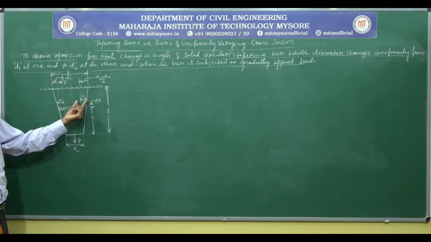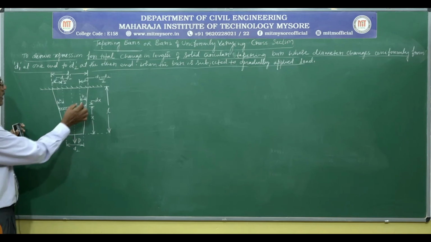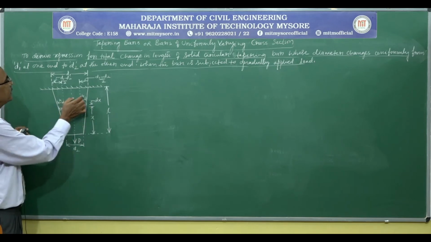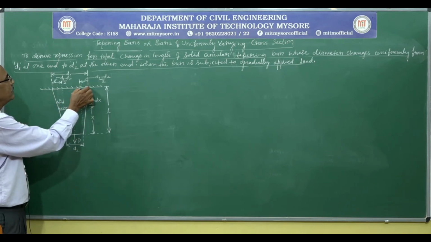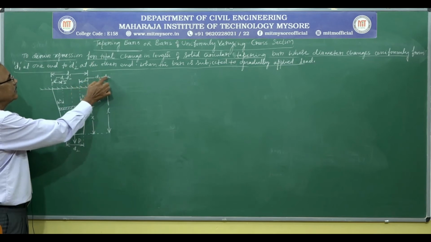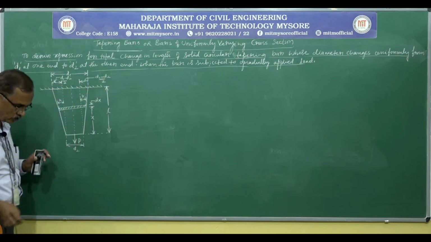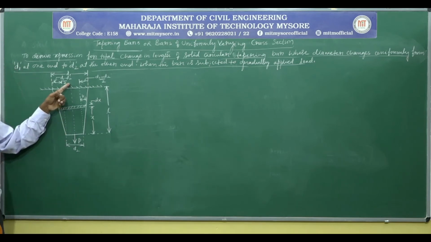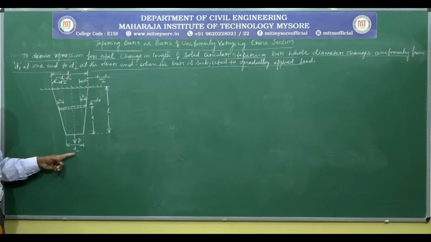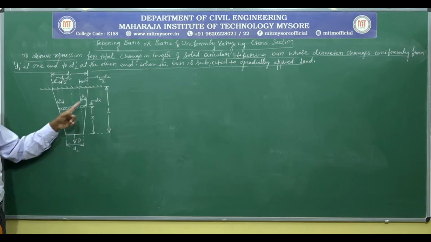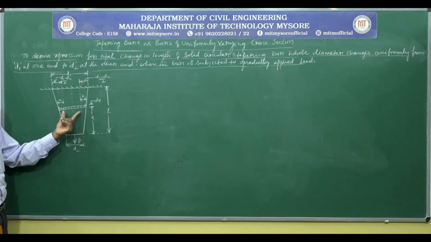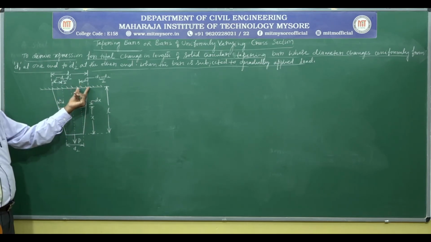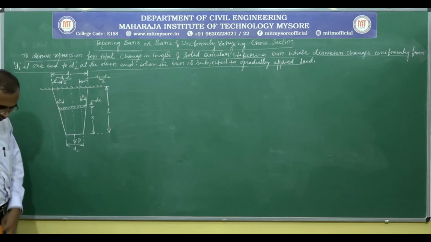So here it measures two fractional diameters, k and k on either side, and at the other end it is d1 minus d2 by 2 on either side. So we know the diameter at the top d1 and the diameter at the bottom d2, and also the fractional diameter at the elemental portion, k on either side, and the fractional diameter at the top is d1 minus d2 by 2 on either side.